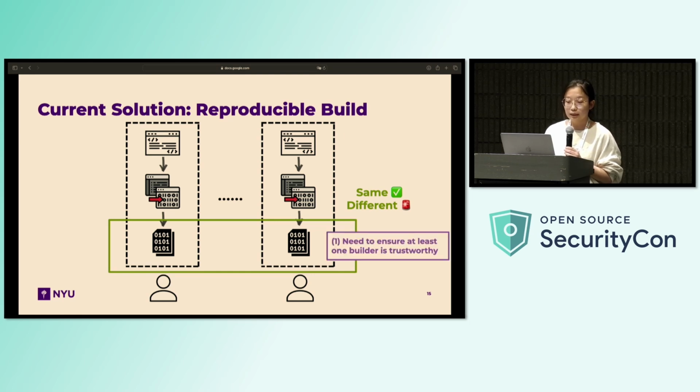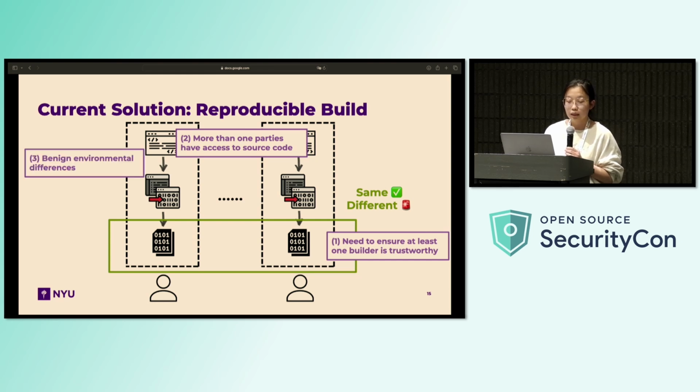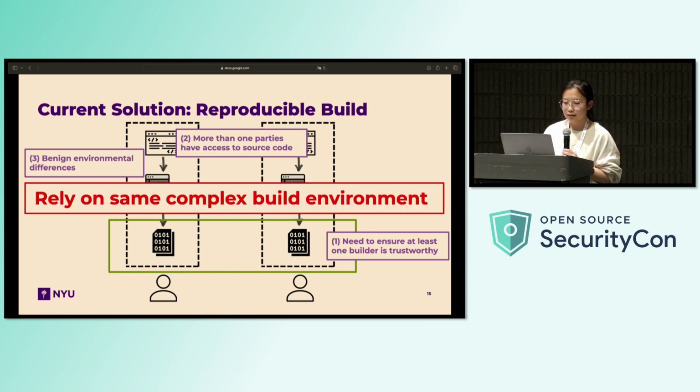The first one is that the reproducible build needs to ensure at least one builder is trustworthy. Second, more than one party needs to have access to the source code. And also benign environmental differences will cause the final binaries to differ, and that will increase the overhead for audit.